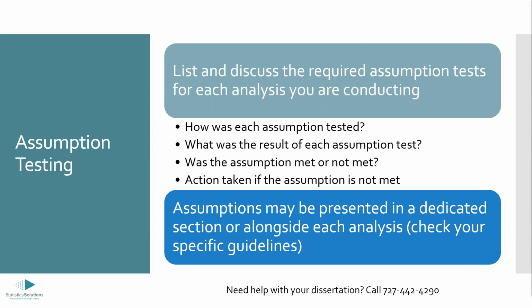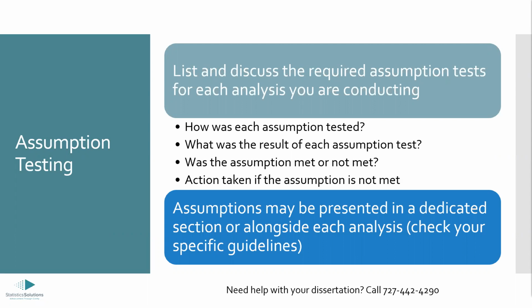So for each analysis that you're doing, so basically for each research question and hypothesis, you'll want to list and discuss the required assumptions test for that analysis. So for example, if you're doing something like an independent samples t-test to answer a research question, then you need to first list out the assumptions of the independent samples t-test.